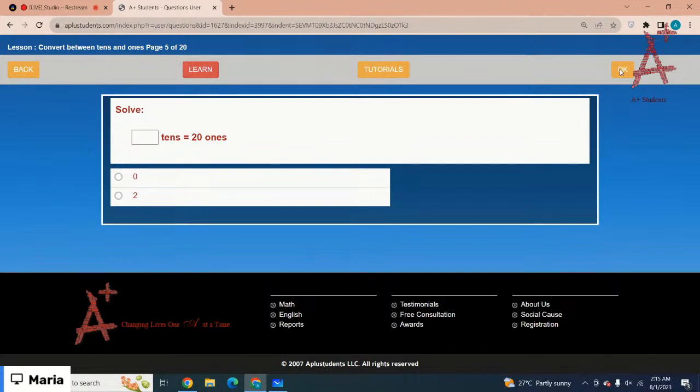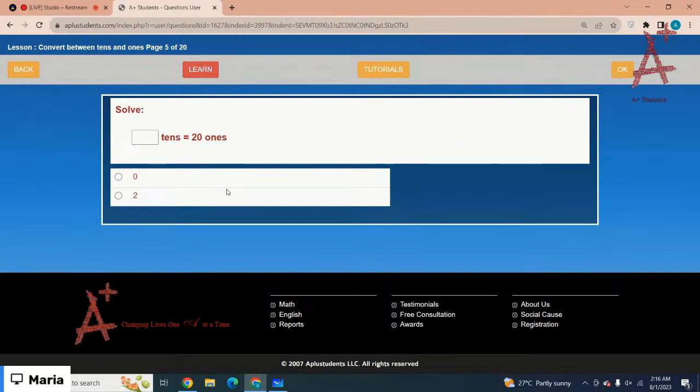20 ones equal how many tens? So 20 means the digit at the tens position is 2. So that means 20 ones equal 2 tens.